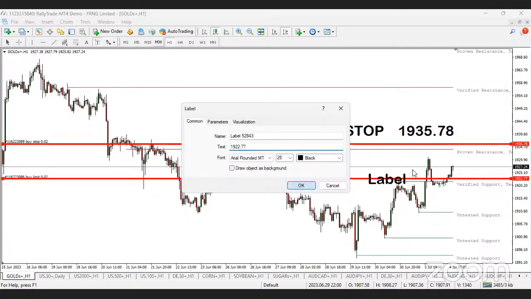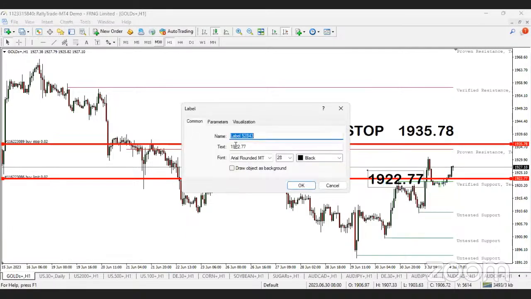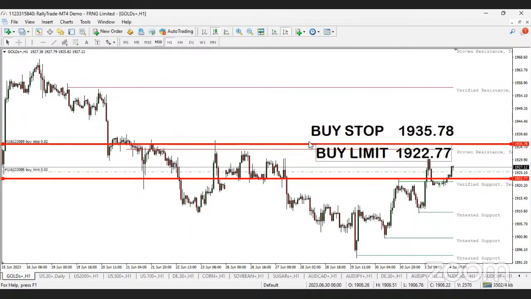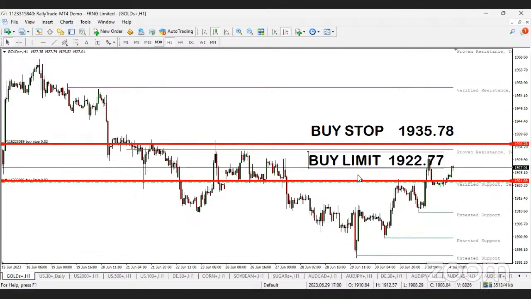Those are the two places. Oh, sorry, I should include buy limits. So these are the two places where you can put pending orders for gold.